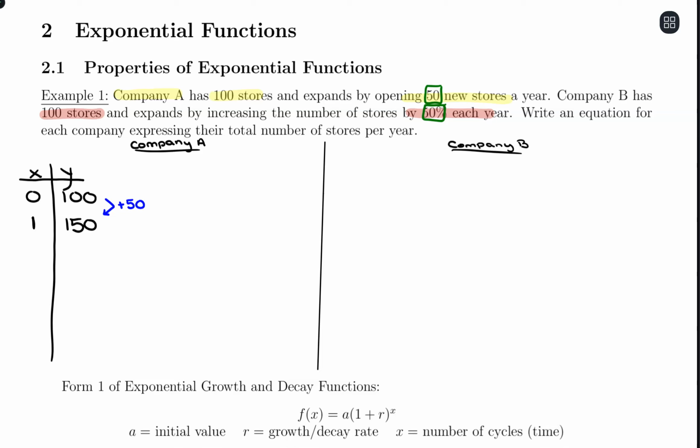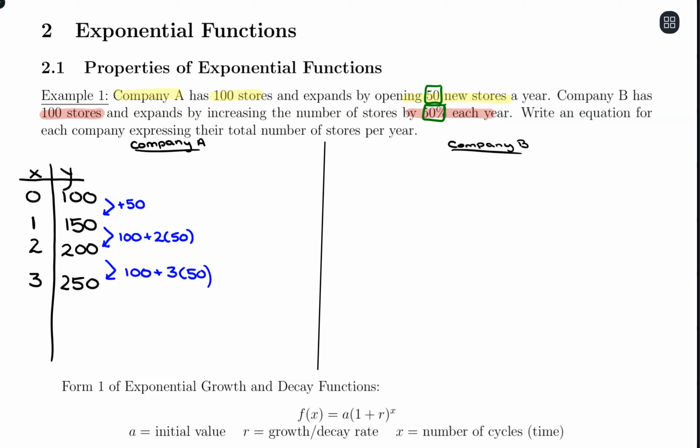Then year 2, we would have 200, again coming from adding 50 on again. So it'd be like 100 plus 2 times 50. And then year 3, we would have 250, coming from starting at 100 and adding on 50 3 times.